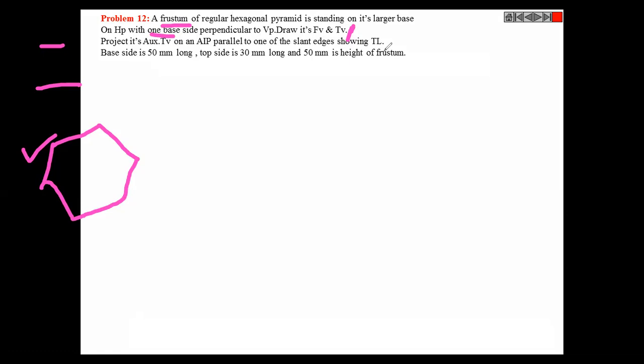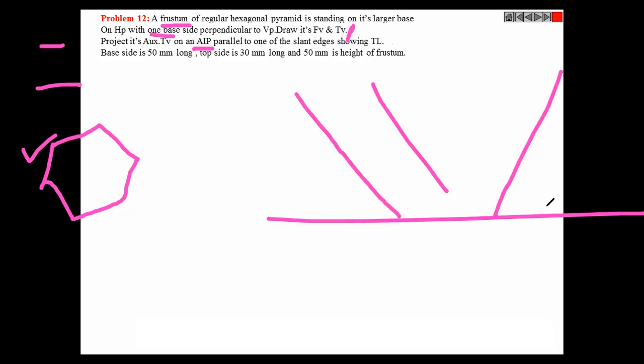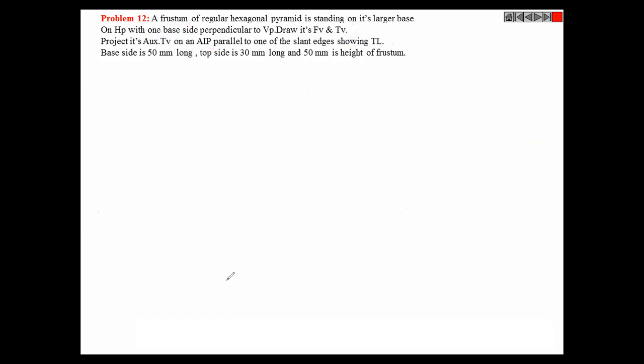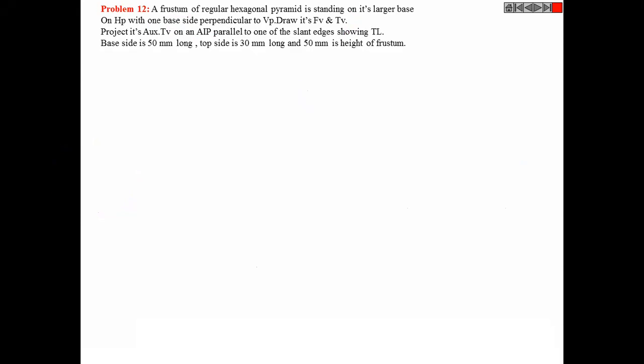AIP is inclined to which plane? HP, and AVP is inclined to VP. It is given that AIP is to be used, so that plane will be something like this, because this is the XY line. Now we will see how to draw that.